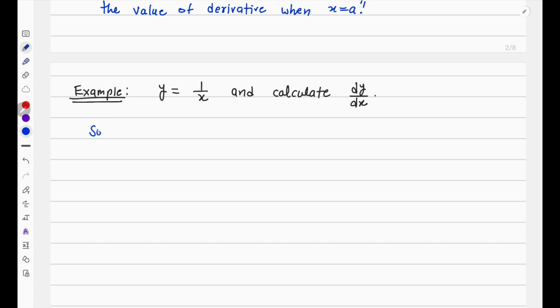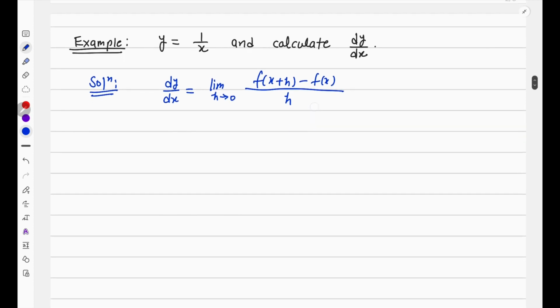So how we can do that? To calculate dy by dx, we can use the first principle, the limit as h approaches 0 of (f(x + h) minus f(x)) over h. So if we substitute the values, we'll get the limit as h approaches 0 of (1 over (x + h) minus 1 over x) over h.